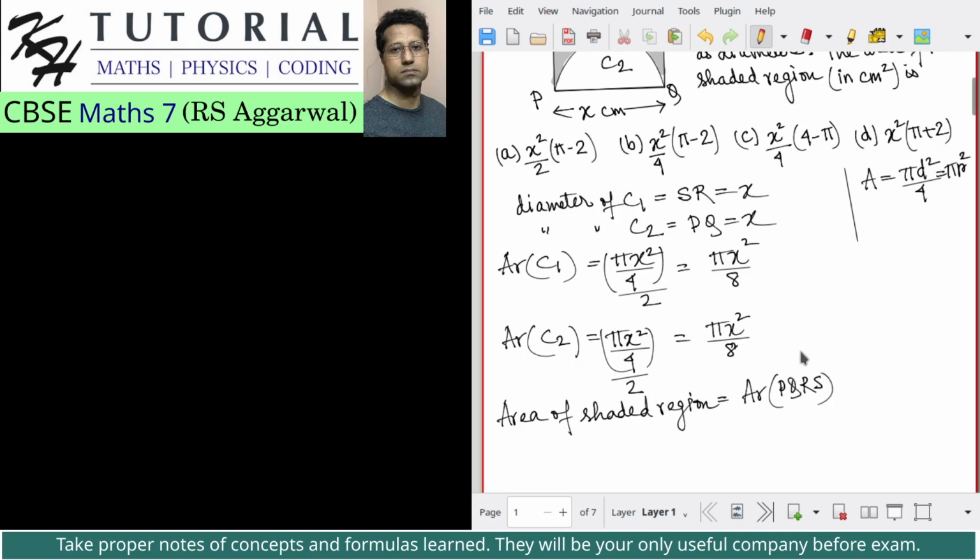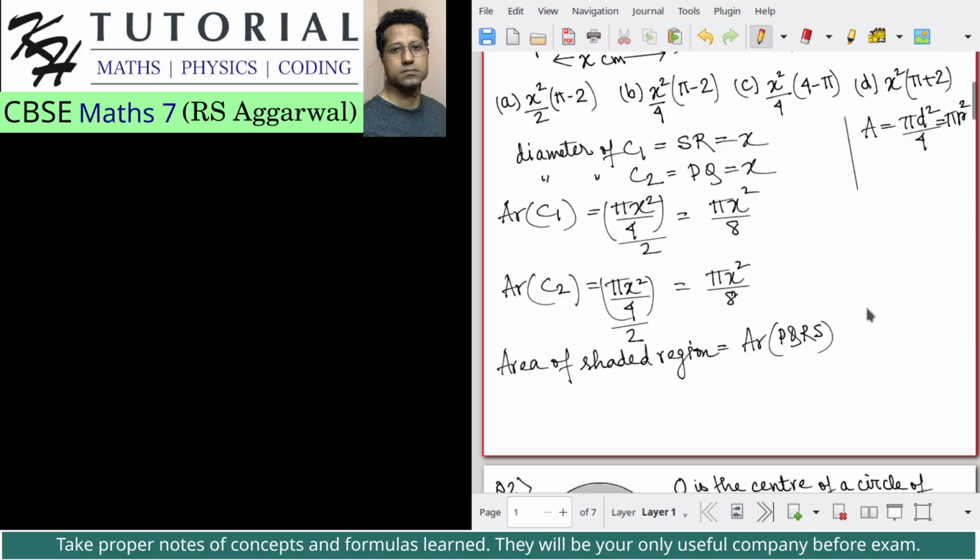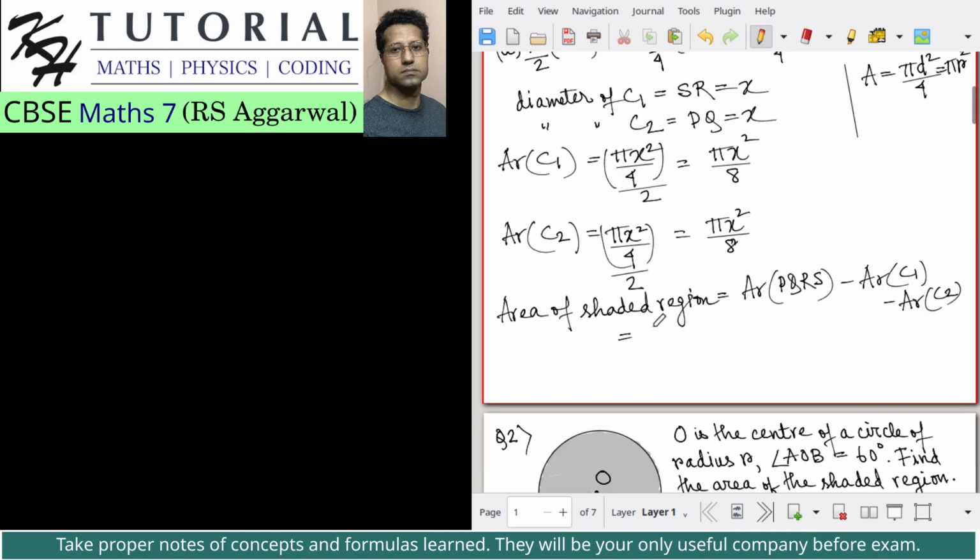Area of the shaded region is nothing but the area of the square minus the area of the two semicircles. So minus area of C1 minus area of C2. This is equal to area of the square, which is x square, and area of C1 is pi x square by 8, and area of C2 is also pi x square by 8.